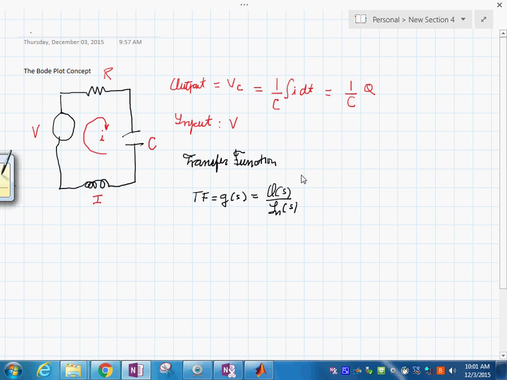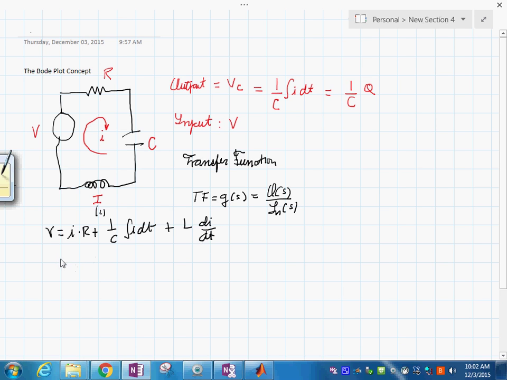The output that we want is this one, the input is V, but we first need the equations of motion of the system to obtain the transfer function. So V is equal to I times R, plus 1 over C times the integral of I dt, plus L times dI dt.